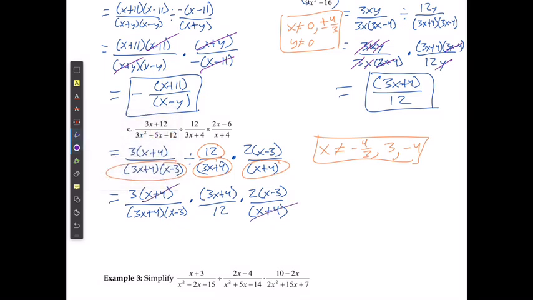Take away the x plus 4 from the top and the bottom, the 3x plus 4 from the top and the bottom, and the x minus 3 from the top and the bottom. And that will just leave me with 3 times 2 on the top, which is 6 over 12, or 1 over 2.